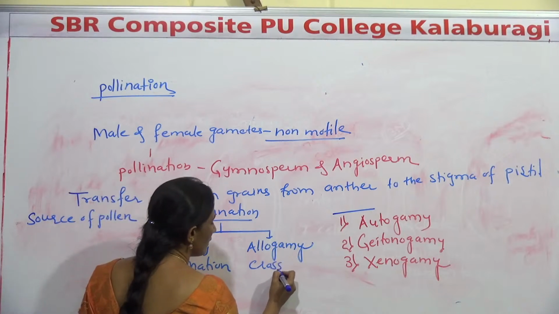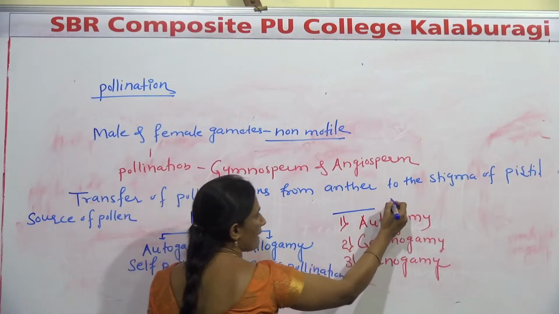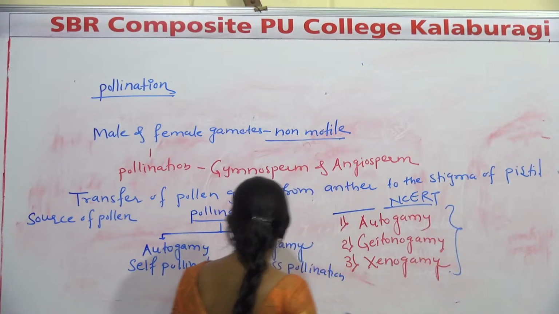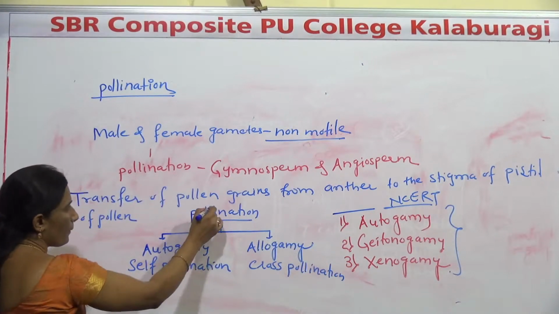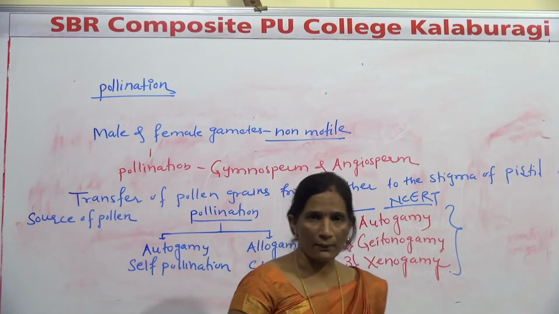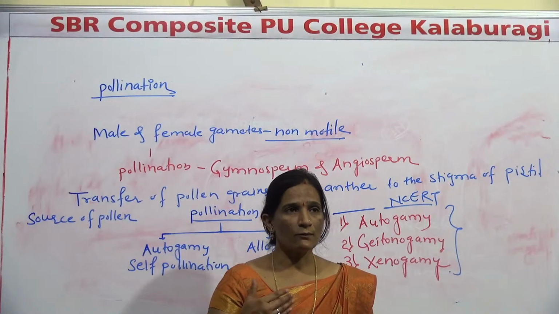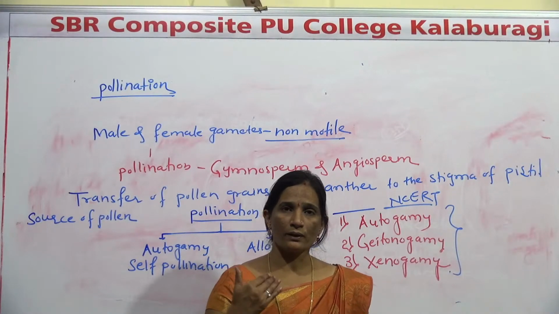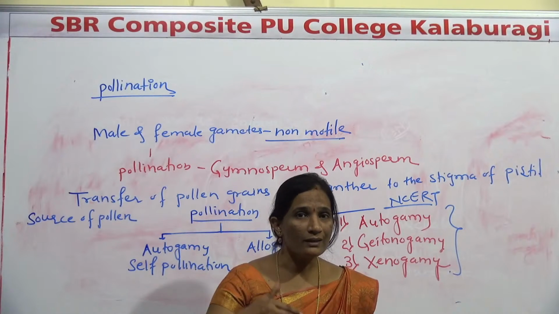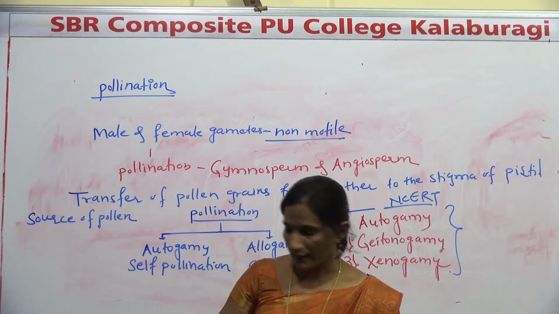Allogamy is cross-pollination. As per the reference book, pollination has two types: autogamy and second one, allogamy. Autogamy is also called self-pollination. Self-pollination means transfer of pollen grains from the anther of a flower to the stigma of the same flower. It means that within a flower, pollination takes place.